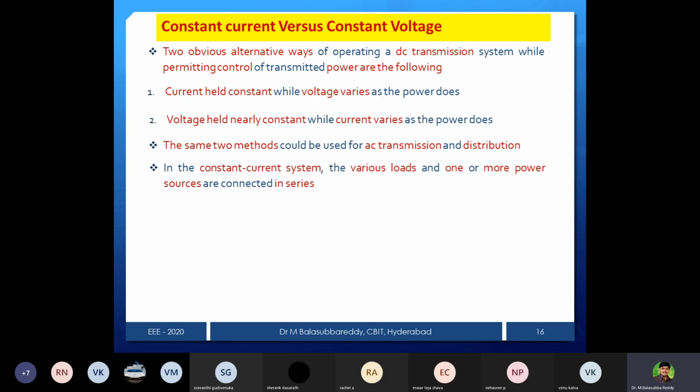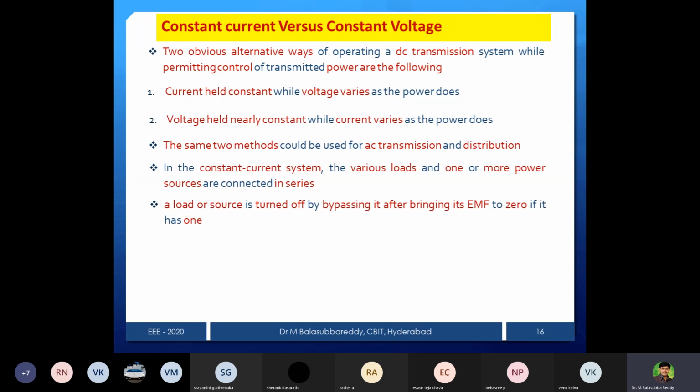In a constant current system, various loads and one or more power sources are connected in series. We can notice one thing: if you are operating a constant current system, the loads are connected in series, whereas in the other version, the loads are connected in parallel. That is the only difference.